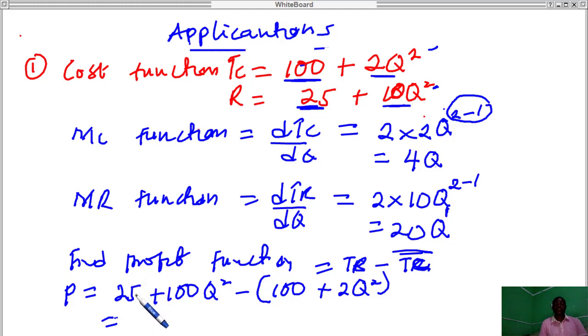This 25 is a whole number with 100, so you solve this: 25 minus 100 is minus 75, then 10 minus 2 will be minus 8Q squared.